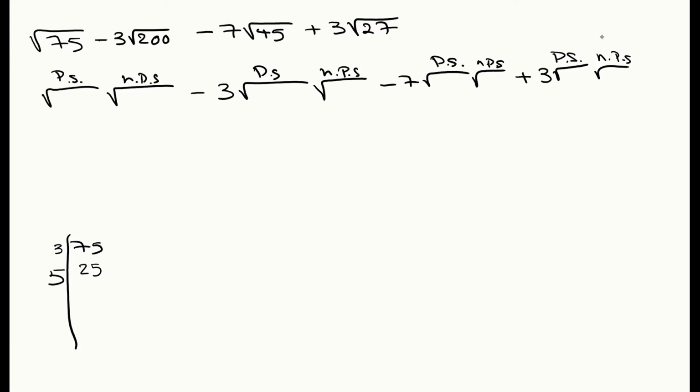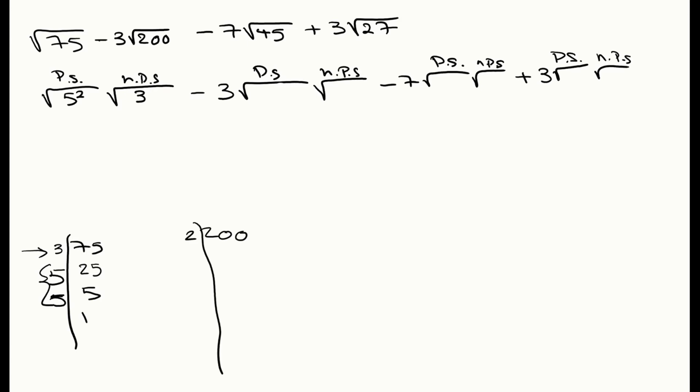So we'll go to 5. That gives us 5. Finally, 5 goes into itself one time. So we do have a perfect square here. We're going to put the 5 squared in here, and we have 3 left, which goes into the non-perfect square radical. So next we'll find the prime factorization of 200.